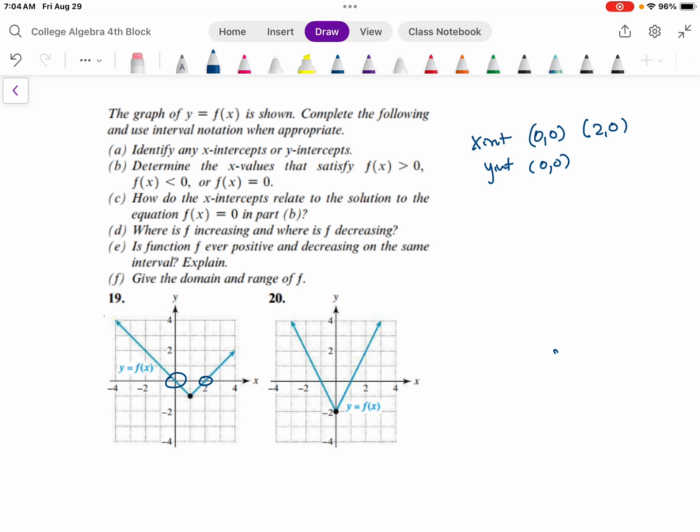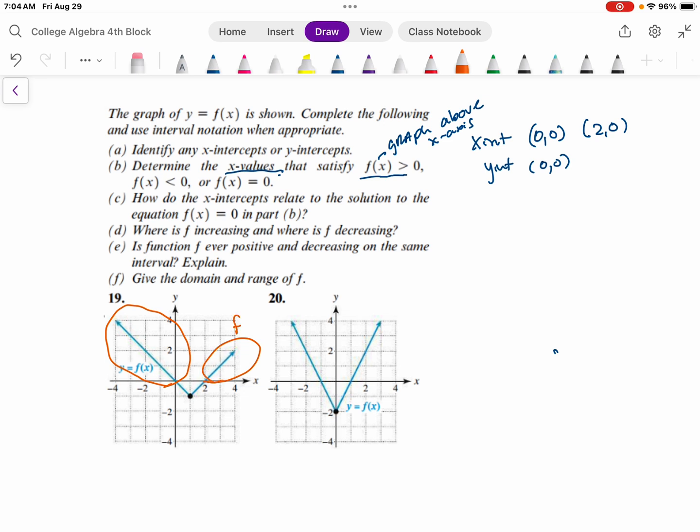Determine the values that satisfy this one here. When they say determine the x values, we're writing intervals such that, well, when is the graph positive? That means the graph is above the x-axis. I'm above the x-axis in this section and in this section.